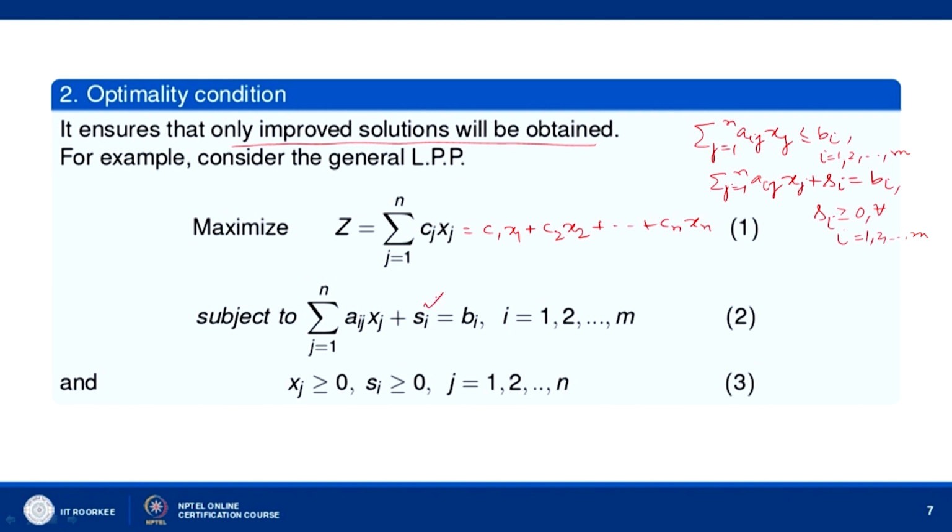These are slack variables which are used to convert the m constraints into equations. So this is our general linear programming problem: maximize z equal to sigma j equal to 1 to n c_j x_j, that is c_1 x_1 plus c_2 x_2 and so on up to c_n x_n, subject to these m equations, where the x_j are greater than or equal to 0 for all j and the s_i are greater than or equal to 0 for all i.